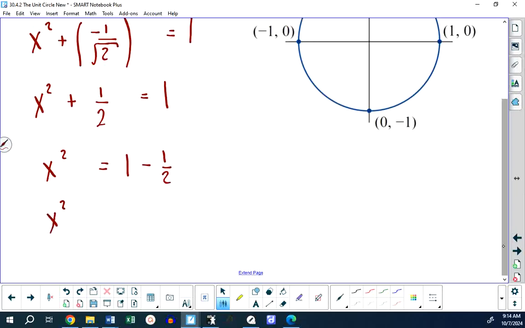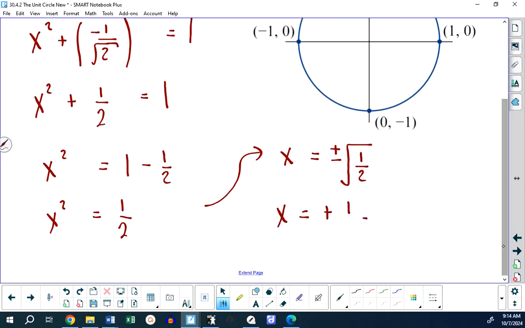So x squared is equal to 1/2, which means that x is equal to plus or minus the square root of 1/2, which, if we break it up into the two solutions to that equation, one is positive, one is negative, and it's 1 over root 2.